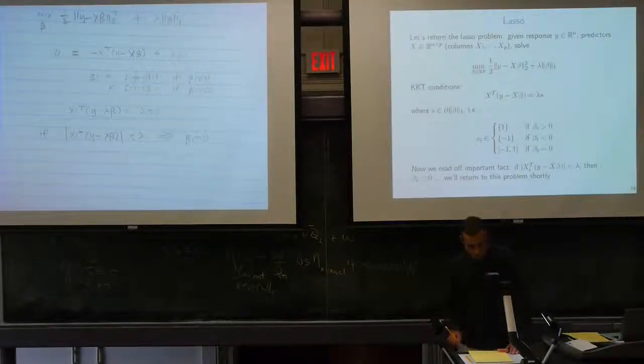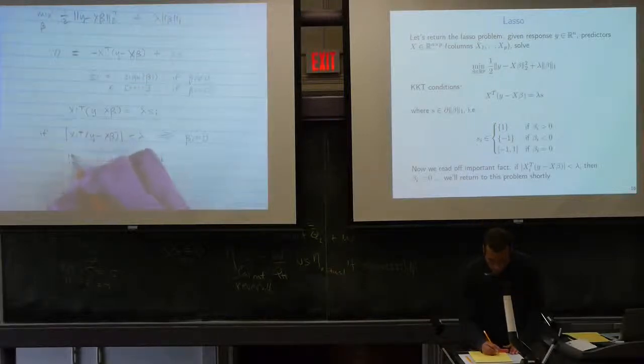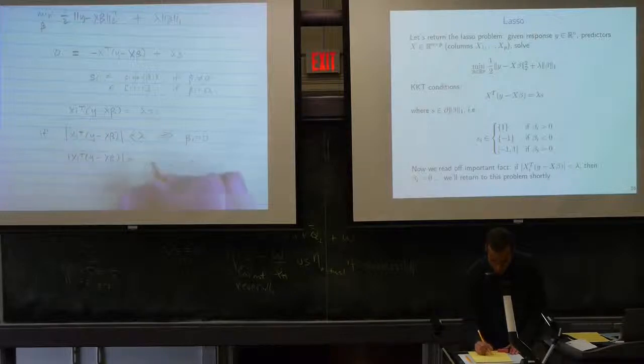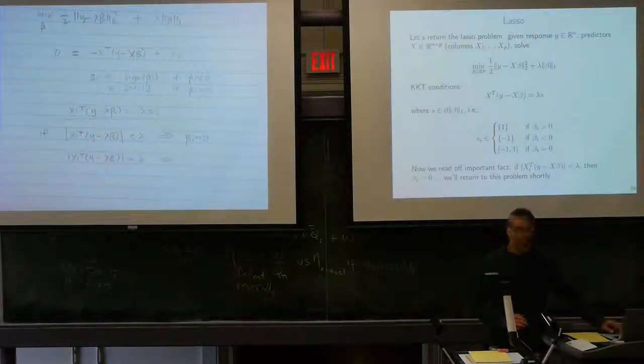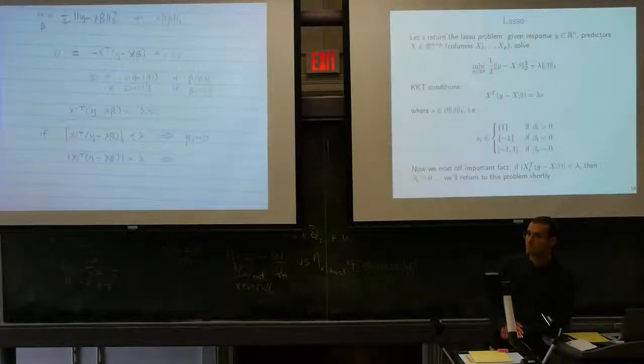What happens if I have xi transpose y minus x beta equal to lambda? What does that imply? What's that? Beta is plus 1 or minus 1.